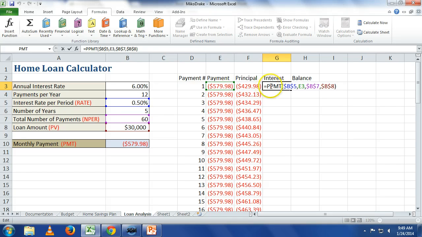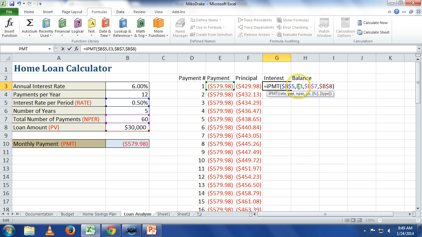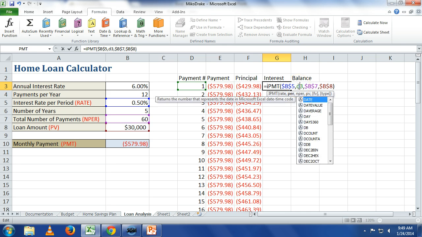I'm going to change the P in PPMT to an I, and change E3 back to D3, because it wants the same things: the rate, the period, the number of periods, and the present value, the same things that PPMT wants. So why retype it? I'm just going to do that.